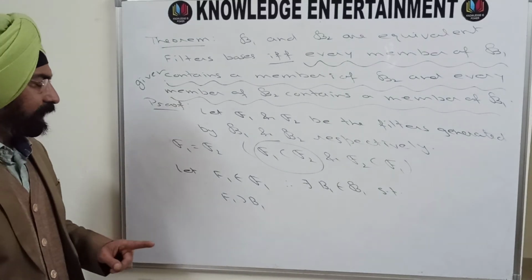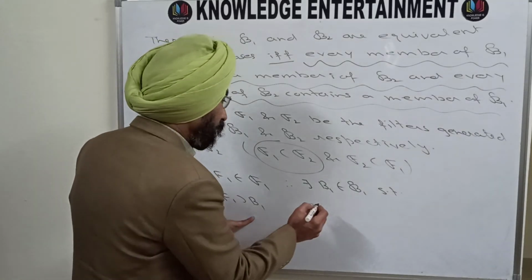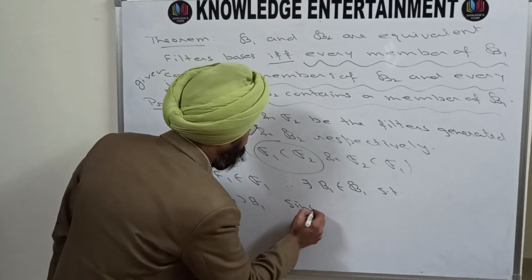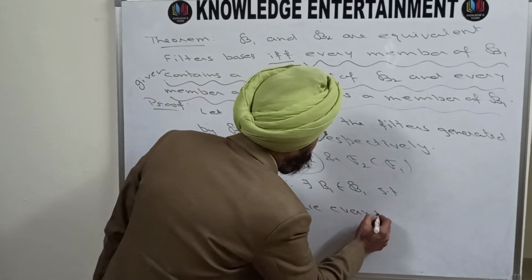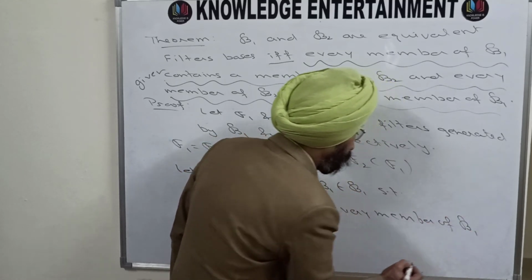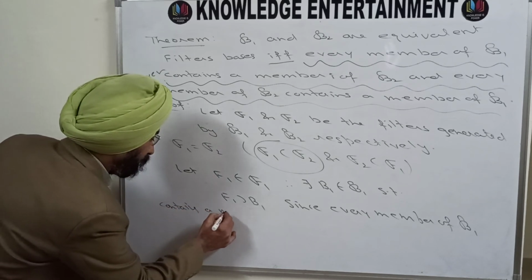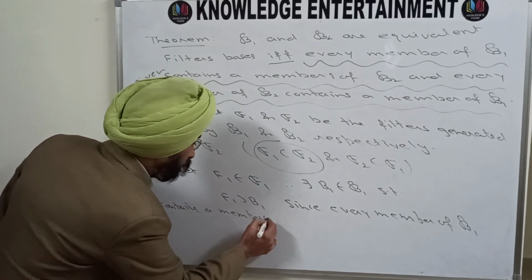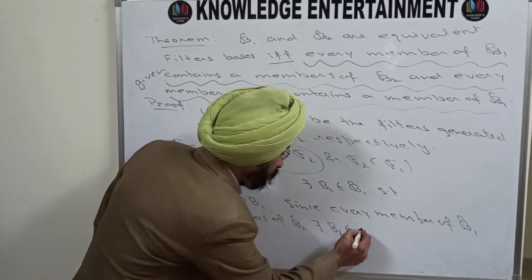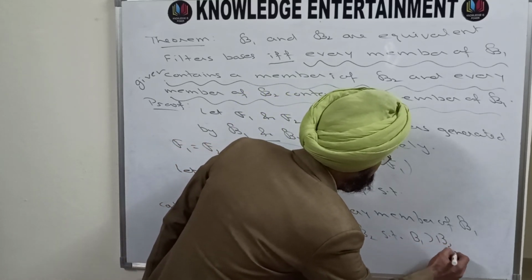But we are also given that every member of B1 contains a member of B2. So, since every member of B1 contains a member of B2, there exists B2 in B2 such that B1 contains B2.